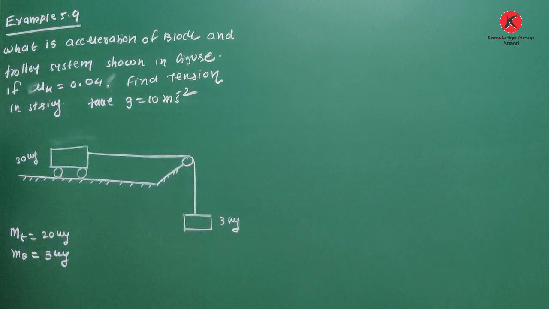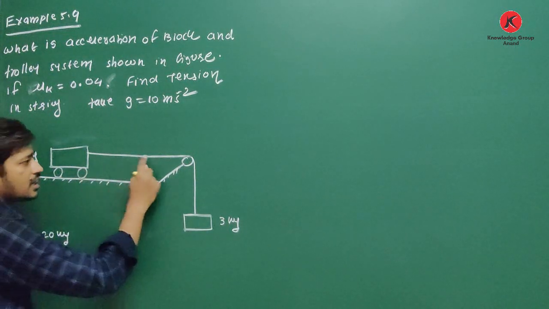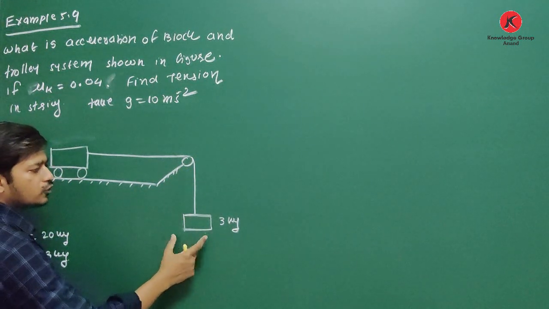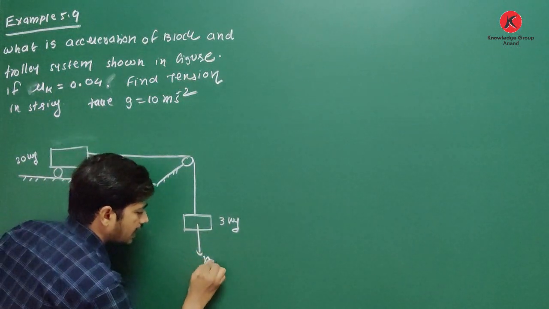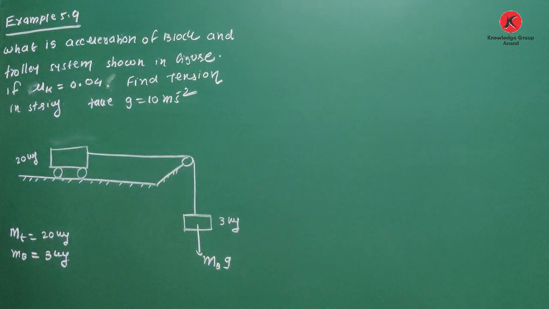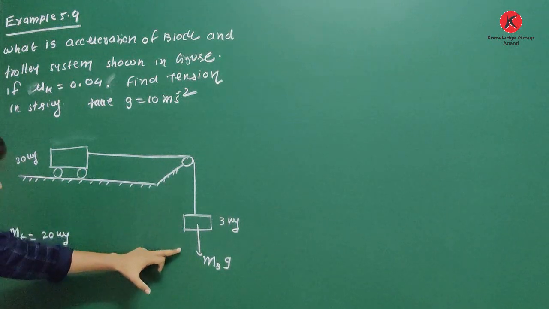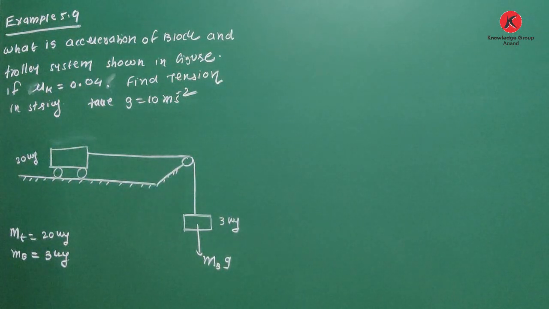Now we know that in such a system, where the trolley is on the surface and from the pulley one block is suspended, on this block M_B g acts in the downward direction. As it is connected with the trolley, this block will move downward and this trolley will move in this direction with some acceleration.